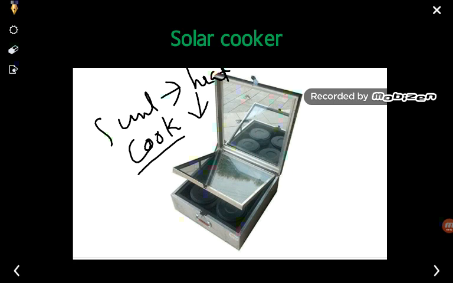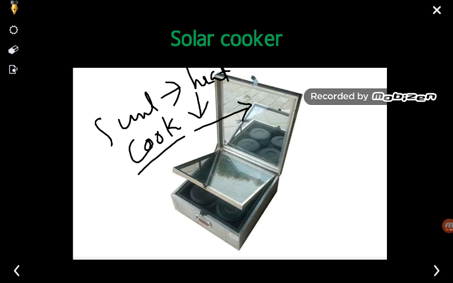So what is a solar cooker? It is a device which uses the energy of direct sunlight for heat. यहाँ पे sunlight energy gets converted, and here this is a mirror.